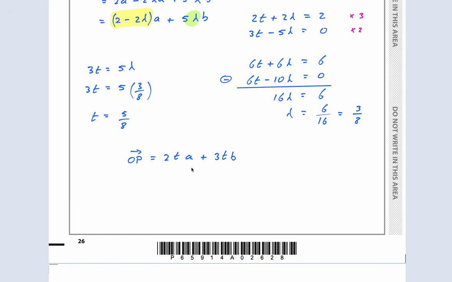And now I can just sub in my t. So it's 2 times 5 over 8 a plus 3 times 5 over 8 b, which gives me 5 over 4 a. You can use your calculator if you want, guys, to simplify that. Although, if you're able to do this question, I'm sure you're okay with these kind of fractions. And then 15 over 8 b, which is correct.